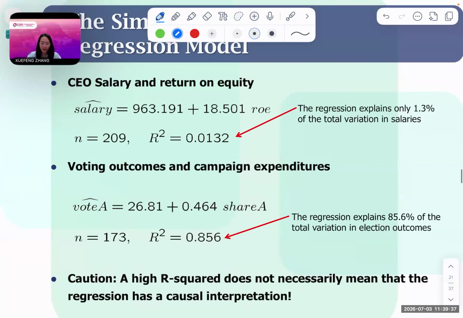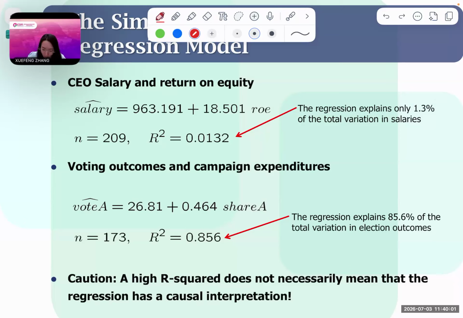Here is our example. For the first example, CEO salaries and return on equity, the R squared is 0.0132. It means that the regression explains only 1.3% of the total variation in salaries.